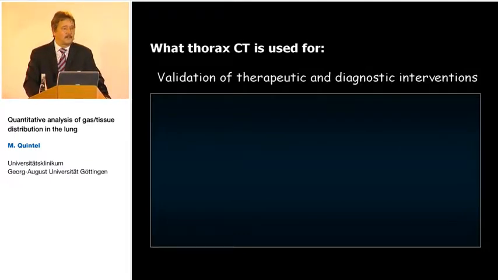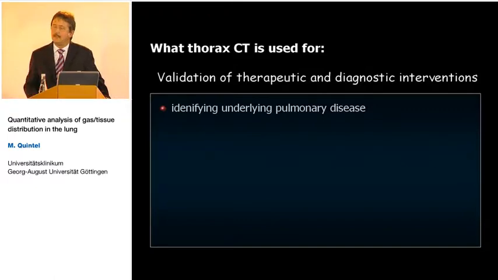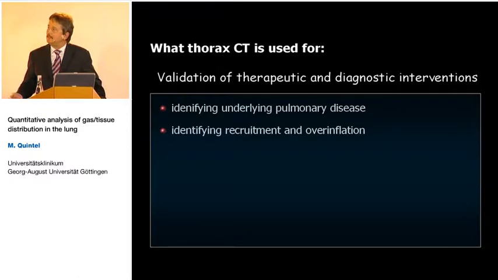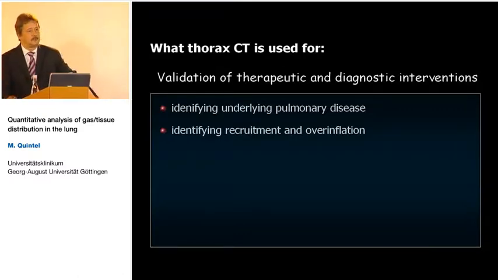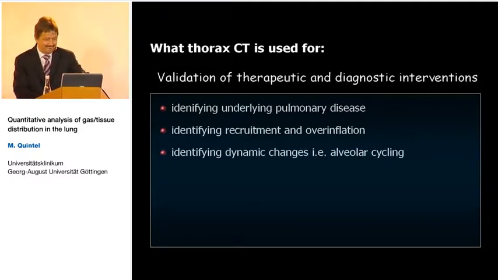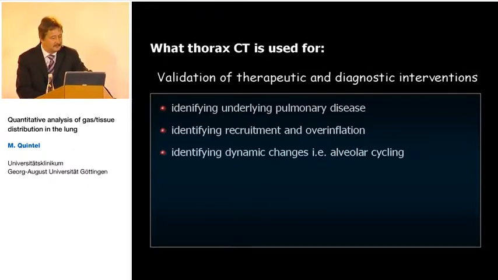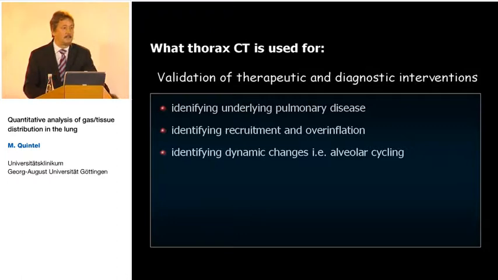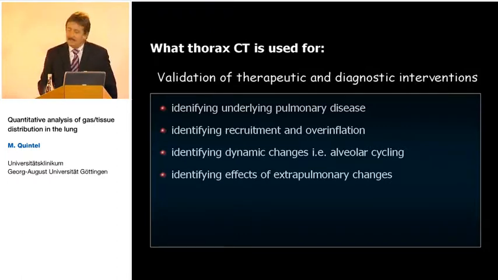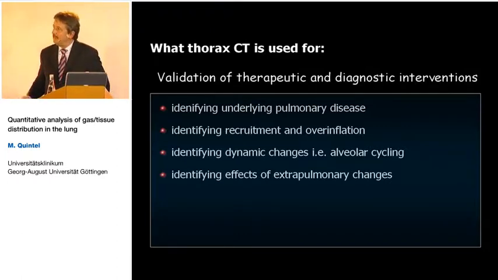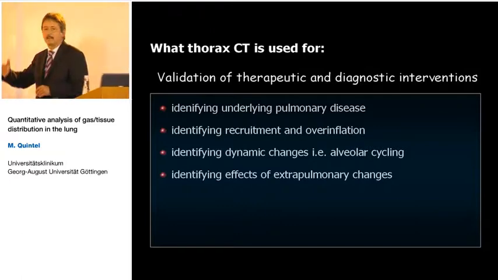So what is thorax CT actually used for? It's used for identifying underlying pulmonary disease, no question. It's used for identifying recruitment and overinflation. It's used to identify dynamic changes, for example, alveolar cycling. It's used for identifying effects of extrapulmonary changes.